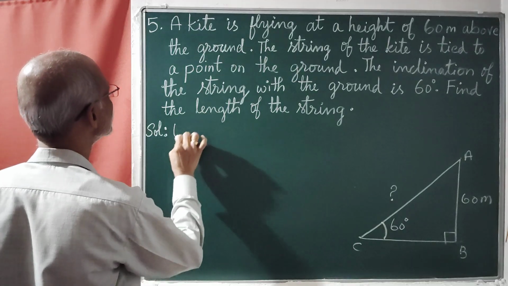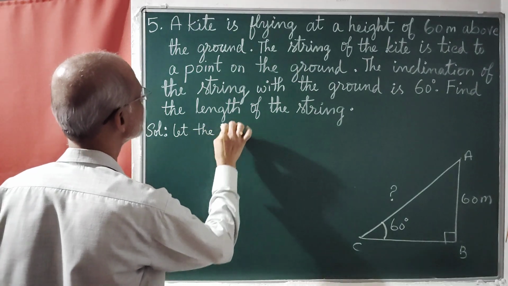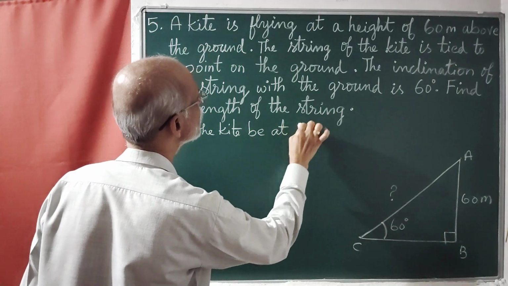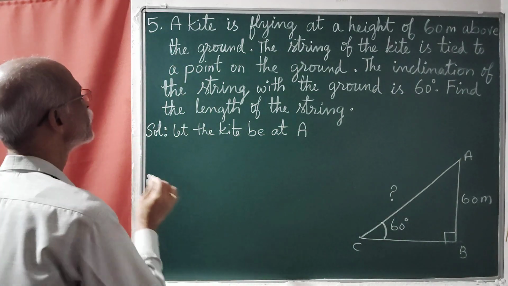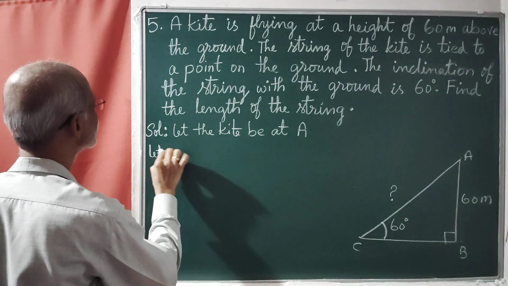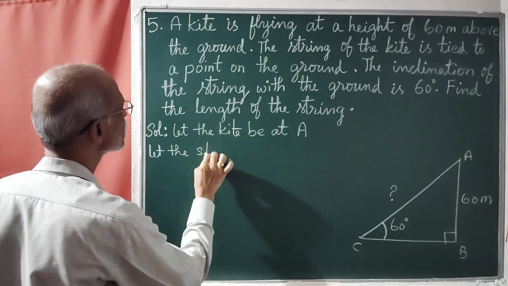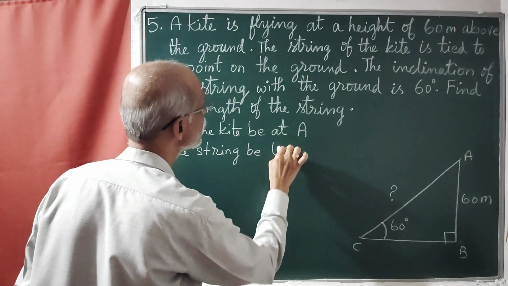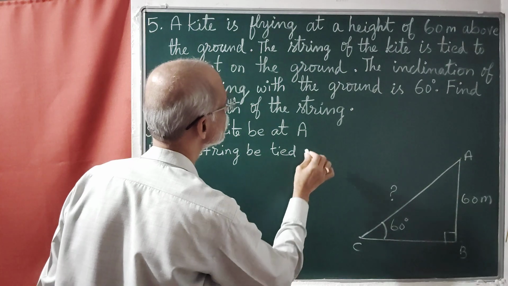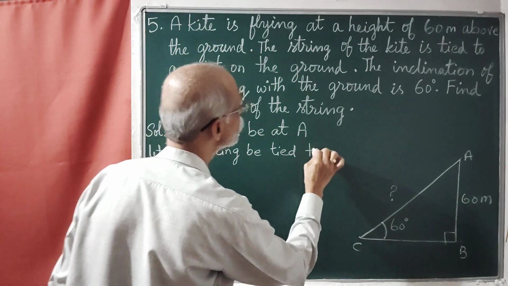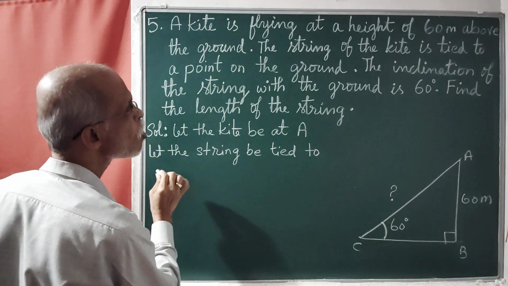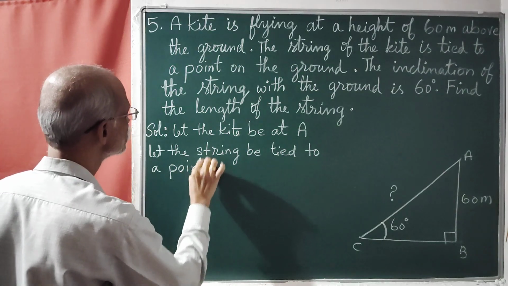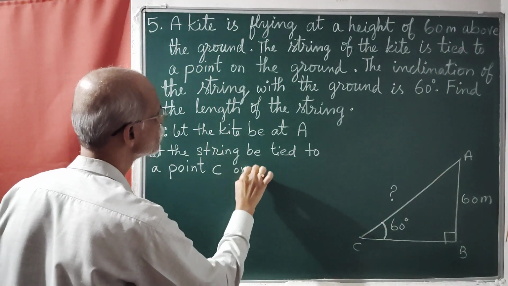So let the kite be at A. Let the string be tied to a point C on the ground.